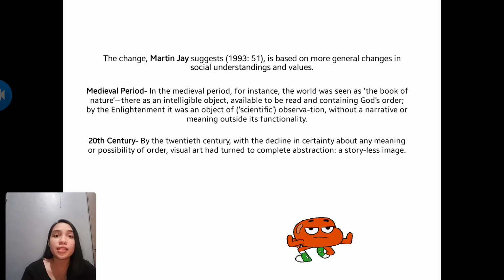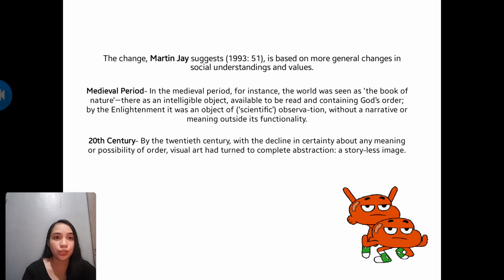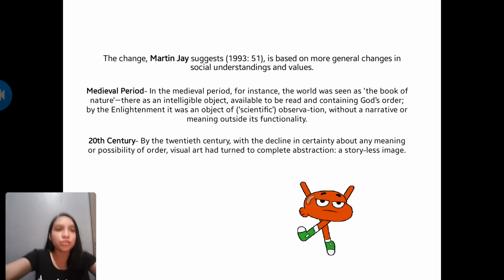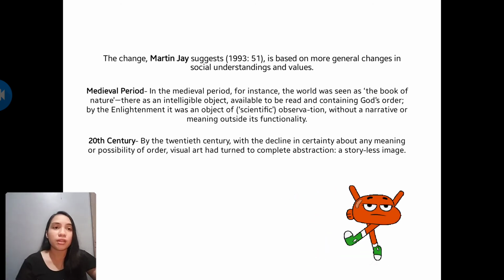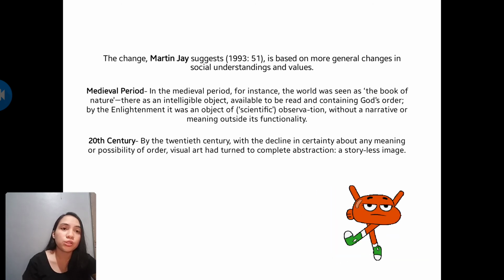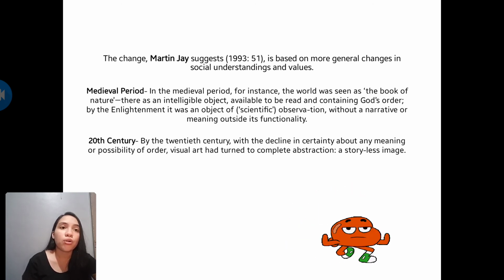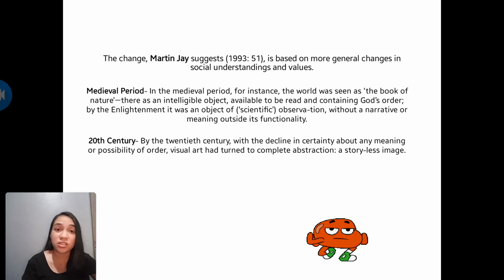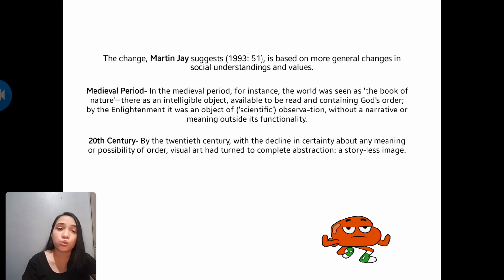And by the 20th century, with the decline in certainty about any meaning or possibility of order, visual art had turned to complete abstraction or a storyless image. That thing had happened in the 20th century.